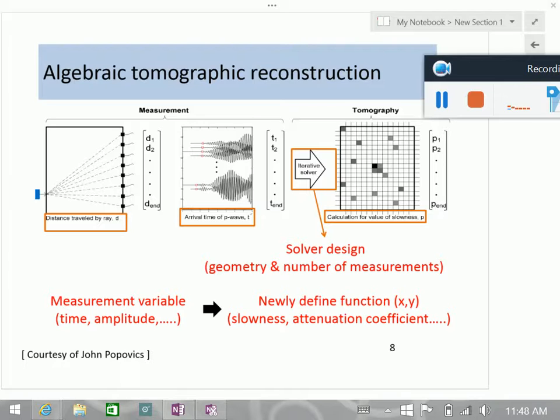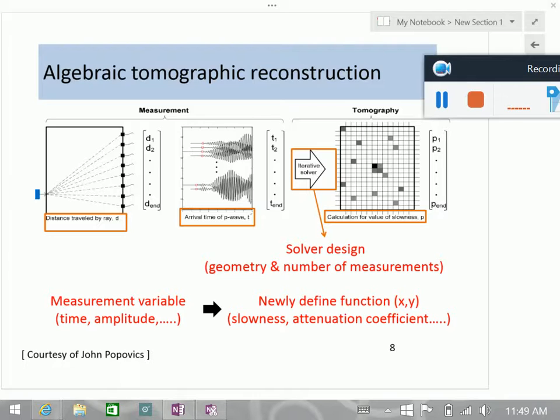And then you can, of course, move the source around. Now, at every location, you're going to get a waveform. From that, you have already learned how to estimate the first arrival, for example, for the p-wave, right? Thresholding, cross-correlation. Then you have a series of times and amplitudes. And then we use an iterative process to get a matrix.